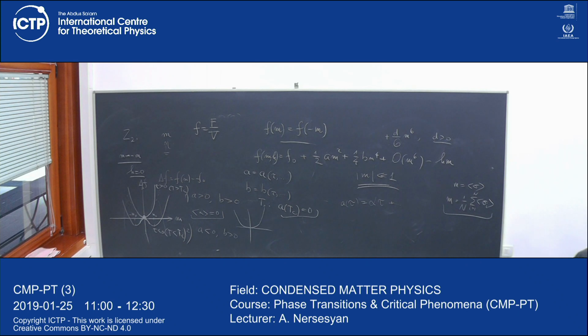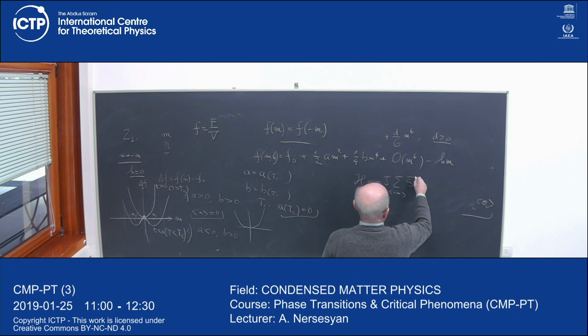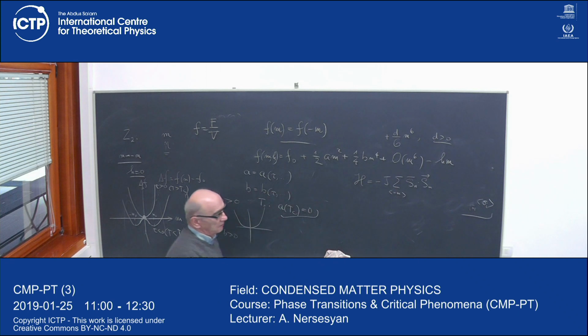The same ferromagnetic moment, but not described by the Ising model, but instead described by the Heisenberg model with this kind of interaction. Here I have vectors, these are three-dimensional vectors.